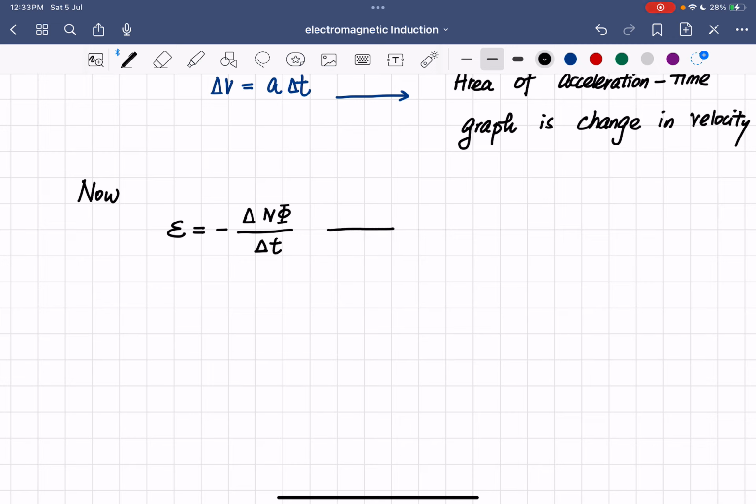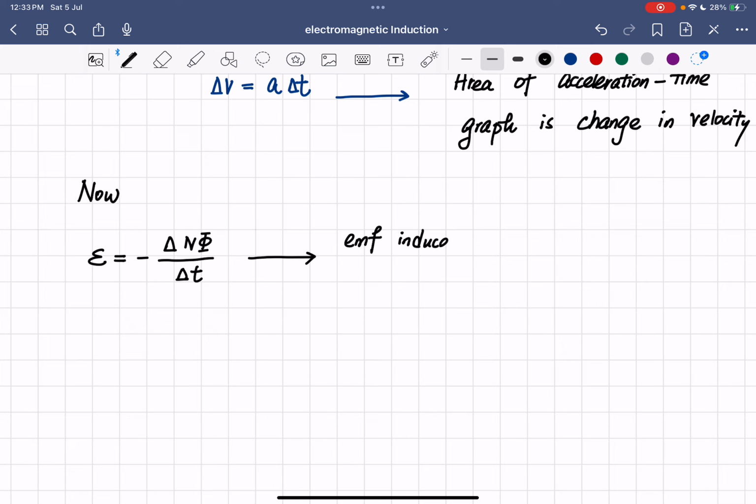So for the first one, I do not have enough space to put it here, so we'll say that the EMF induced is minus 1 times the gradient of the magnetic flux linkage time graph.